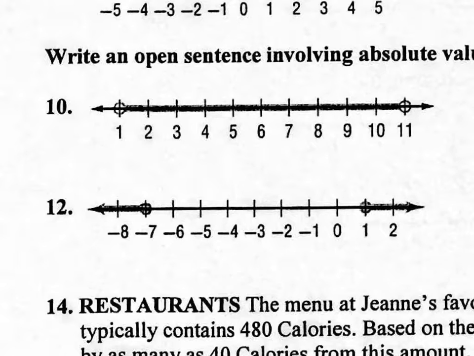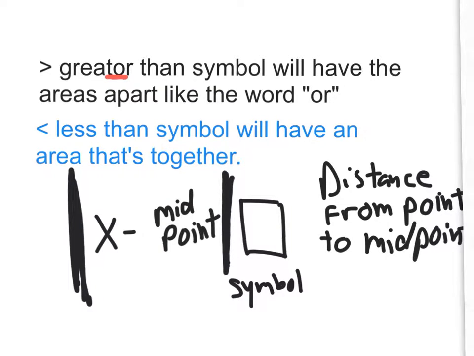Less than symbol. Does that make sense? Because greater implies apart, and when the areas are together, it's less than. That's what these notes say over here. The greater than symbol is talking about areas that are apart. The less than symbol is talking about areas that are together. So we could see on number 10, the areas are together, so we're going to have a less than symbol.